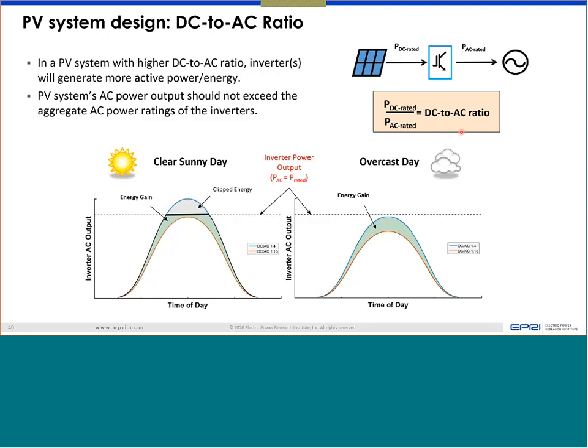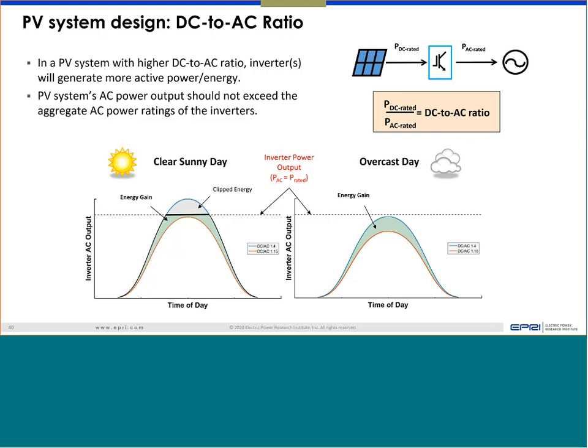So for example, 1 megawatt AC may have 1.5, 1.6, 1.8, even 2 megawatts DC installed behind it. That's what is happening, and most probably as a utility, you have no control over that because this is a customer choice. You can put a limit on the maximum AC power they can inject into your system because of the hosting capacity limit and other reasons. But DC, most probably you don't have any control.